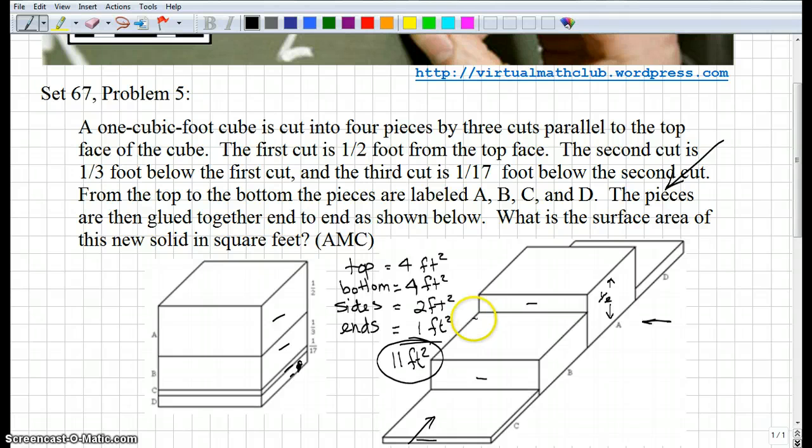And don't worry about the individual thicknesses. The only thing that really matters, at least for the end views, is the tallest one, right? You're going to see everything from the bottom up to the 1/2 a foot. So you're going to see 1/2 a square foot because the length here is still a foot. So anyway, there you go, 11 square feet.